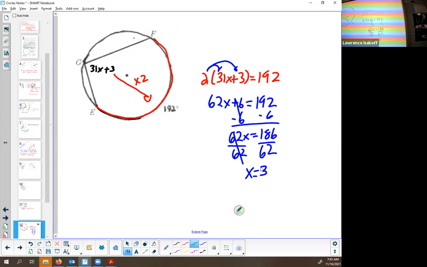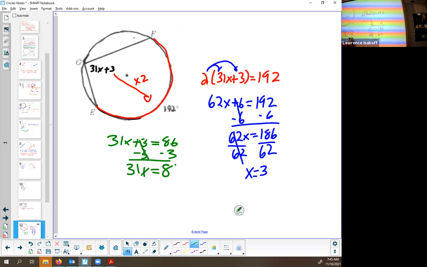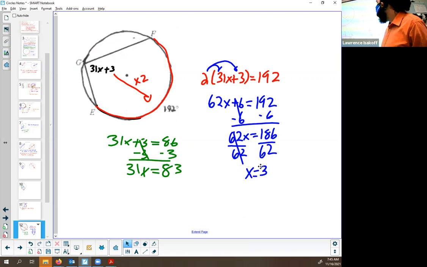Now, very quickly, Almudas here said, let's divide by 2. If we had done that, that would have given us 31x plus 3 equals 86. Subtract 3 from both sides. We'll get 31x is equal to, wait, I divided that wrong, didn't I? I think I divided wrong there.